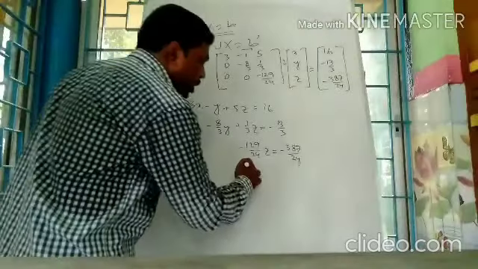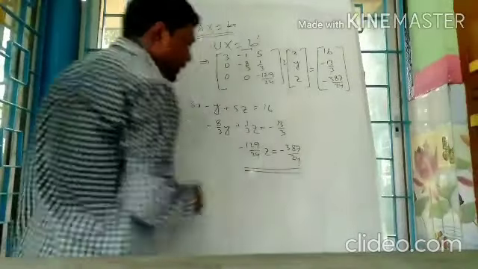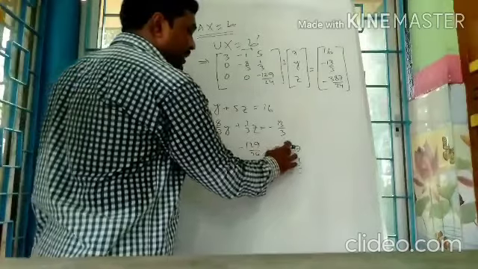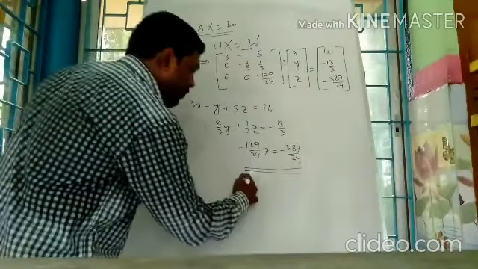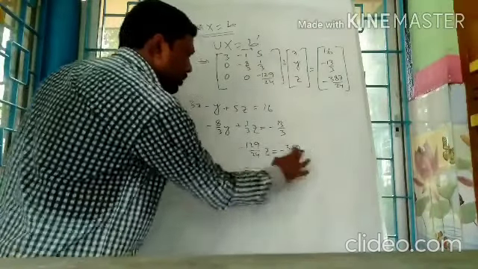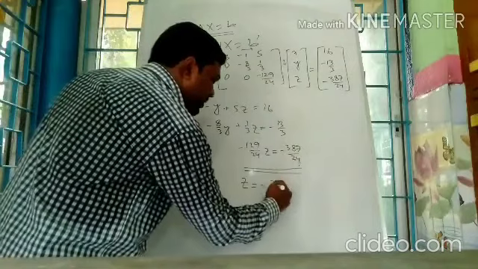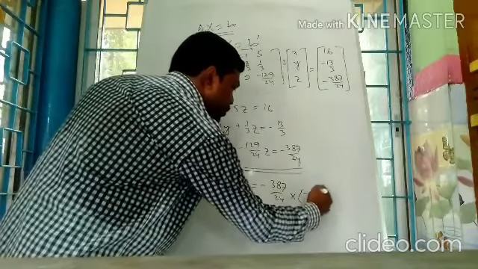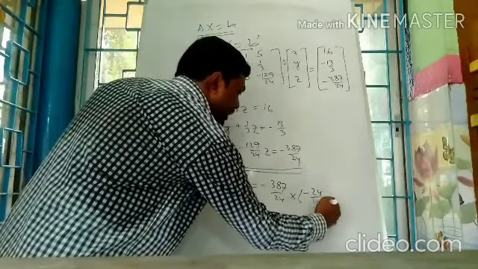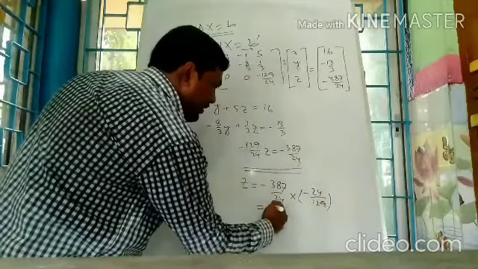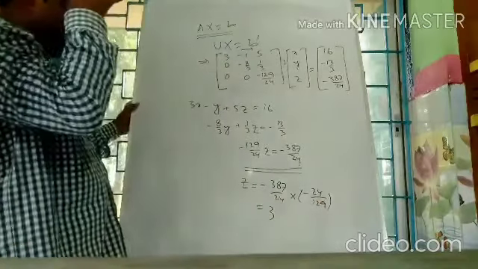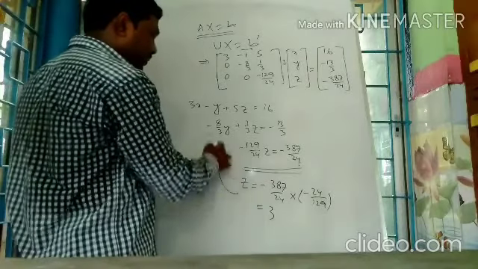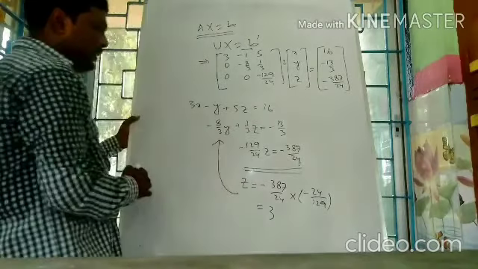Now solve the last equation, that is -129/24 z = -387/24. So z equals -387/24 into -24/129. So it is 3. So z is 3. Now put z = 3 in the second equation and calculate y.